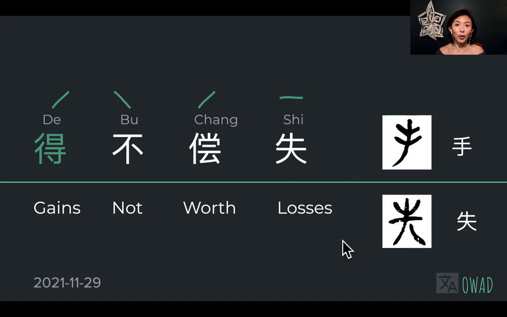Today, we're going to continue with the word 得不偿失. Here we have concepts of opposite ideas. 得 means you gain something.